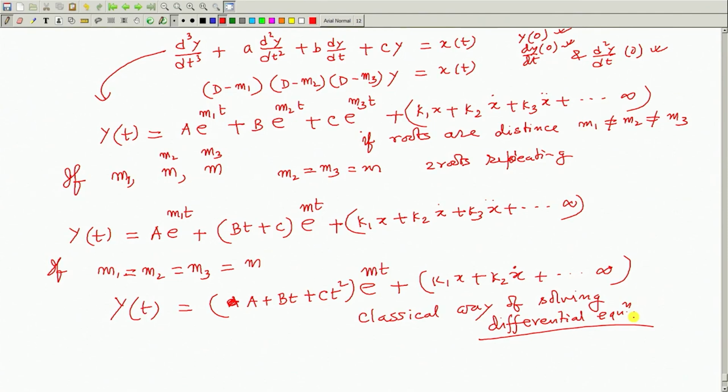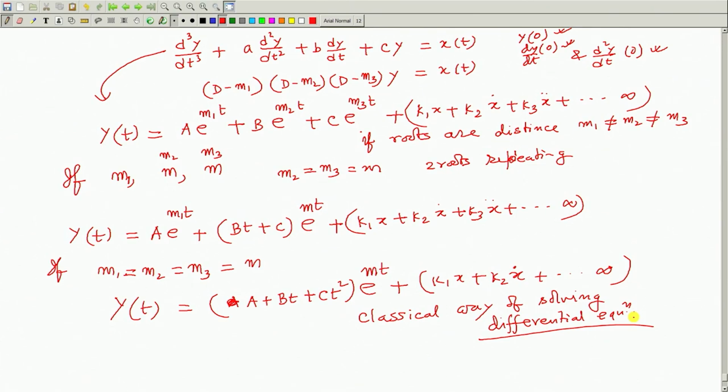It may so happen that the roots become complex numbers. Nothing doing. Even if roots are complex numbers, they will appear in conjugate pairs and they are not equal, they are distinct. Therefore, all rules that we have developed can be easily applied.